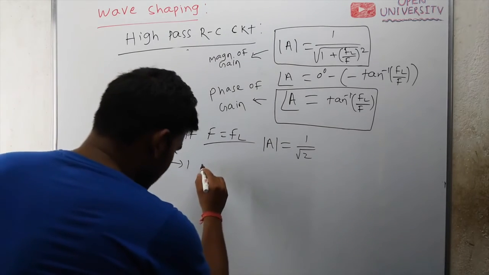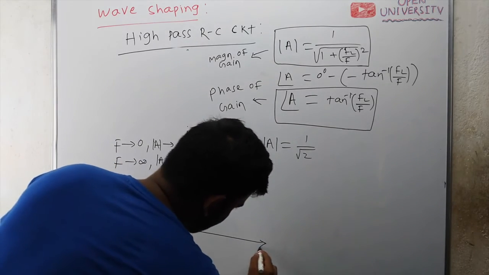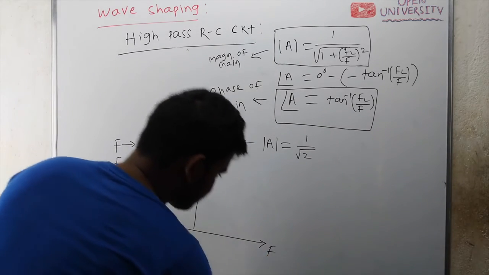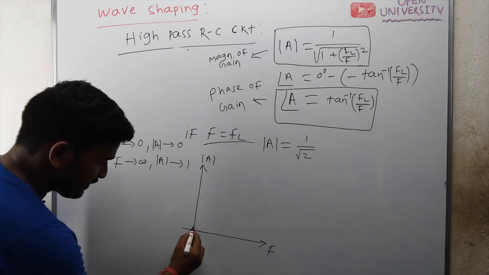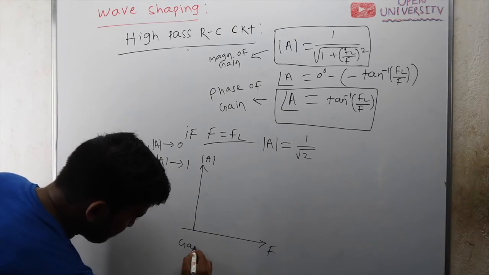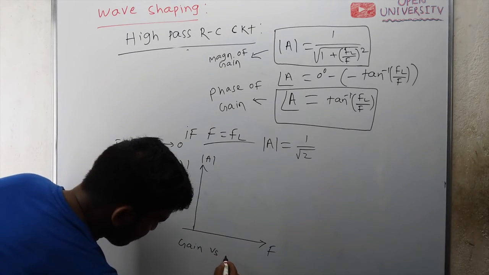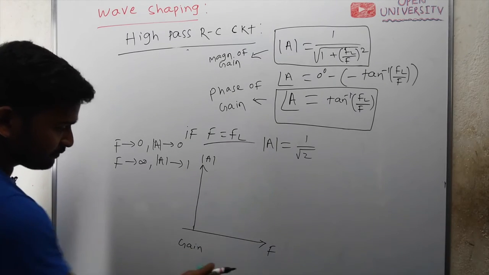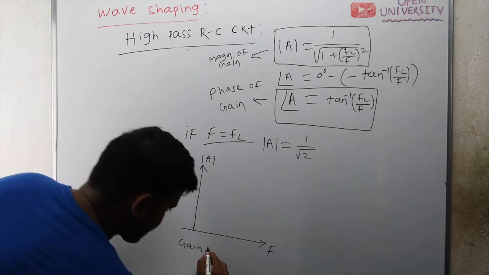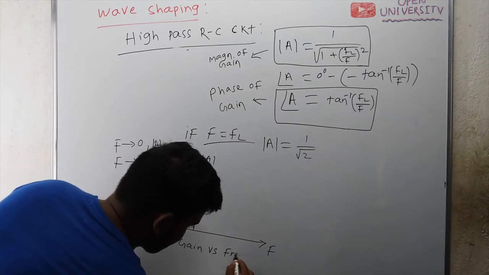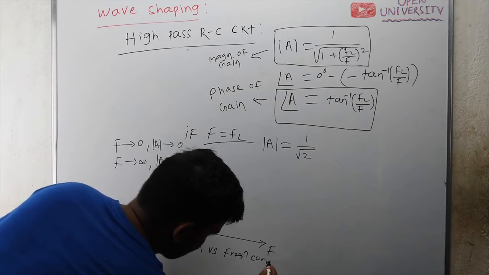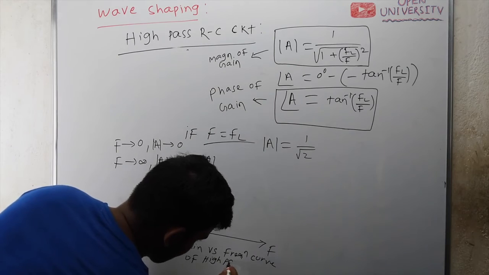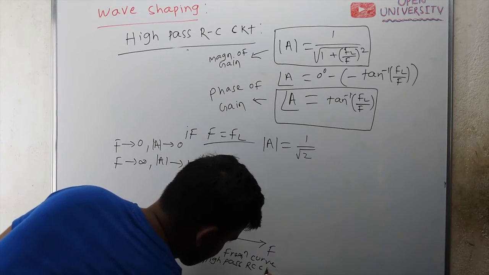If you draw the curve of magnitude of gain versus frequency, this curve is called the gain versus frequency curve of your high pass RC circuit.